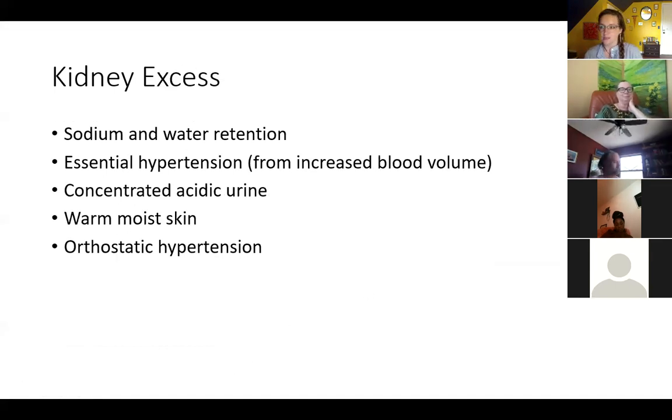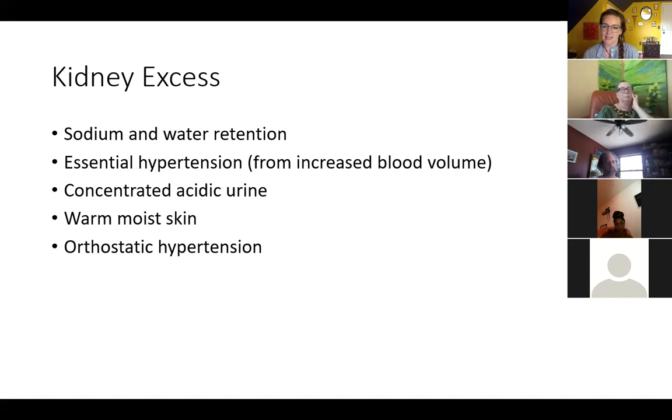So then kidney excess. That's sodium and water retention, essential hypertension, the hypertension that isn't related to something else. This can happen from increased blood volume as well. And then concentrated acidic urine, warm, moist skin, and the orthostatic hypertension again, which was the form of low blood pressure that happens when standing up.